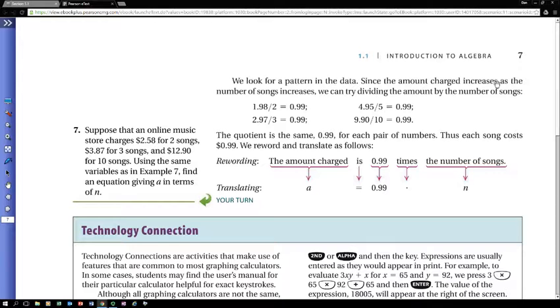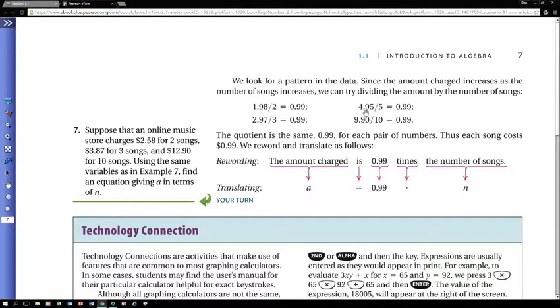They look for a pattern in the data, and they say since the amount charged increases as the number of songs increases, we can try dividing the amount by the number of songs. So for $1.98 we got 2 songs, or 99 cents apiece, and so on here. At $2.97 for 3 songs it's 99 cents. Hey, there's definitely a pattern here.